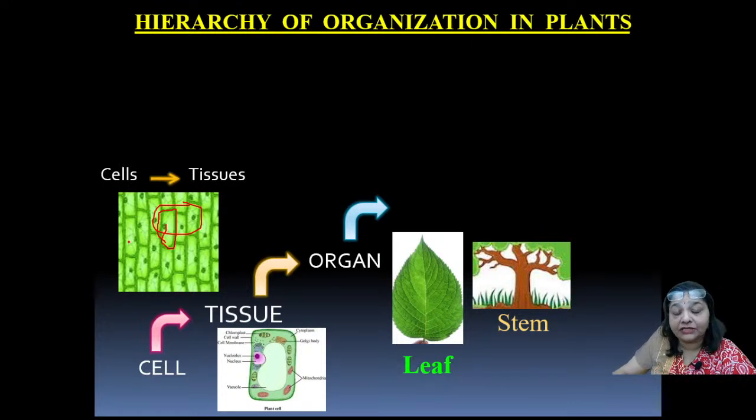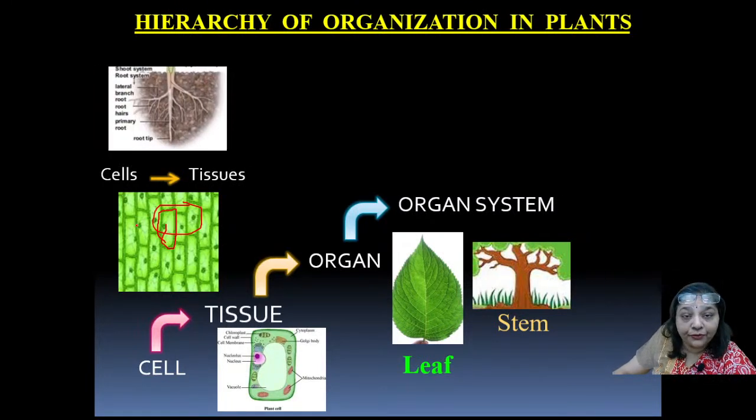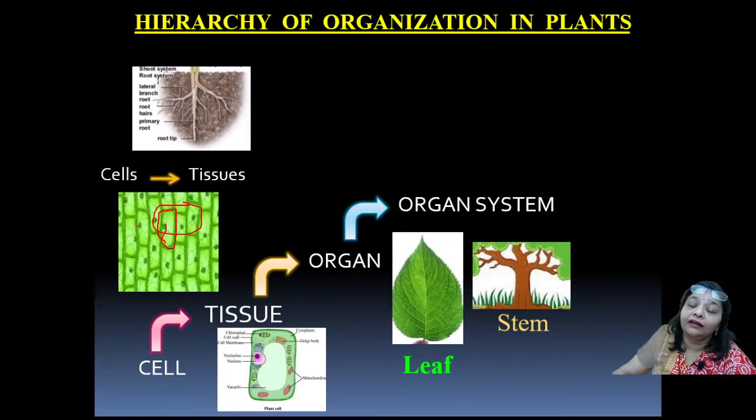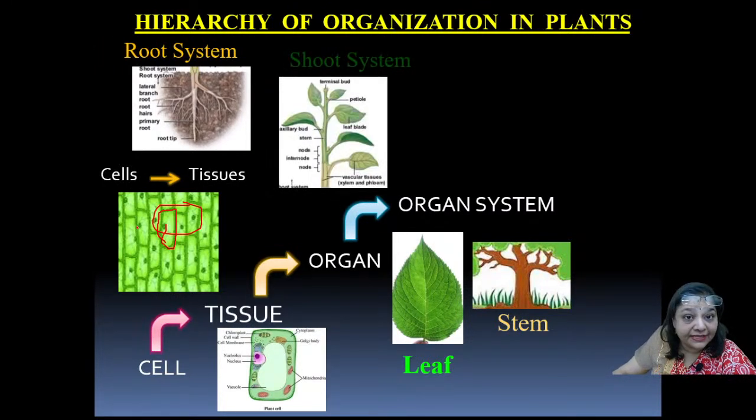These parts are organs which are arranged together in a system. Now we call it as organ system, plant organ system. Now which are those systems? For example, you must be knowing that all the roots together which helped the plant to fix in the soil is the root system, made up of roots, different types of roots, right? The root system. And the second type of organ system is the shoot system.